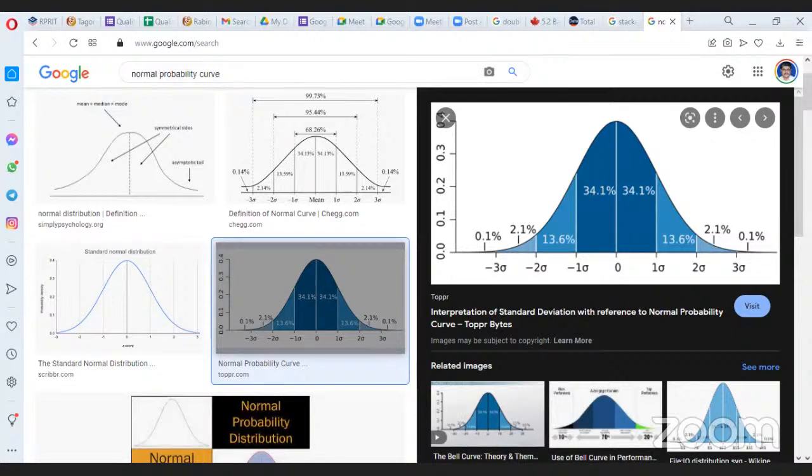And the normal probability curve, it is written, is symmetrical. So 50% of the total population is above the mean and 50% of the total population is below the mean; the distribution is the same.